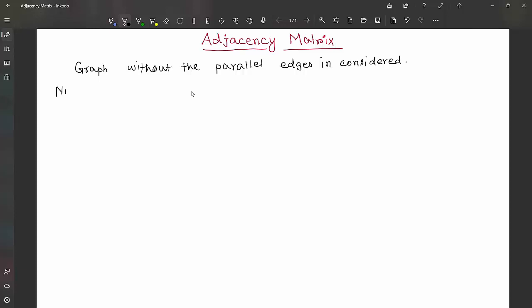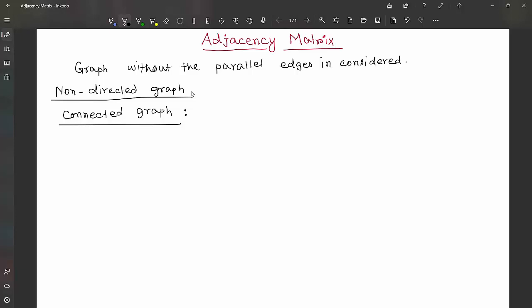So first for the non-directed graph, and first we start with the connected graph.